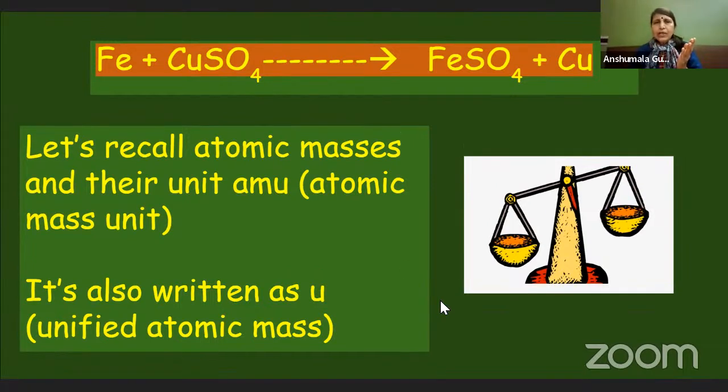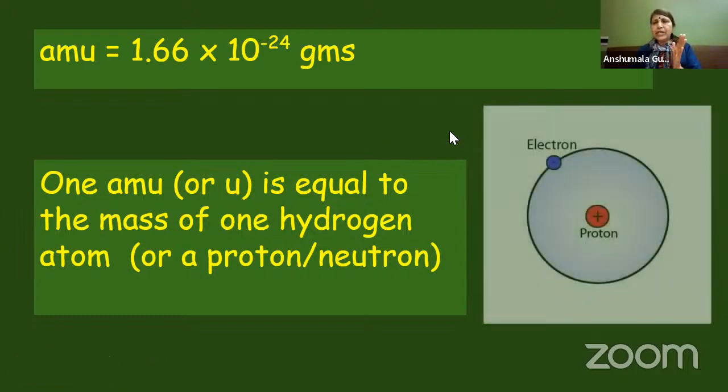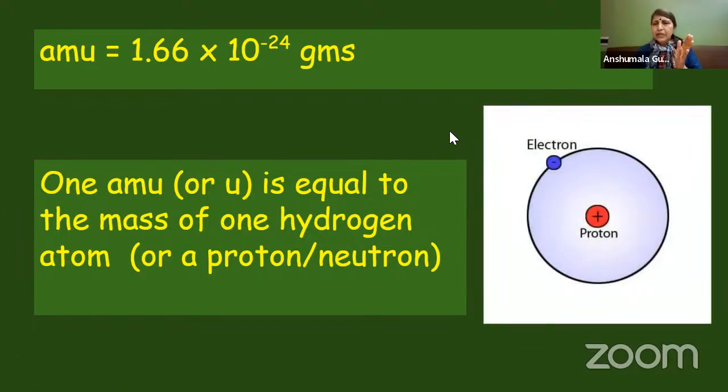We know that AMU is 1.66 into 10 power minus 24 grams. It's also equivalent to the mass of one hydrogen atom, or mass of a proton or a neutron. That's how we define it.